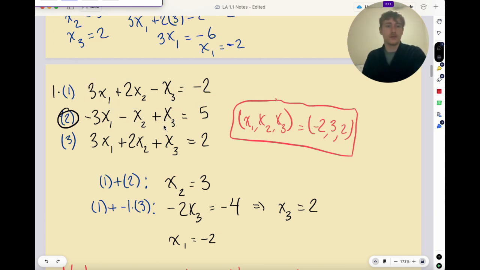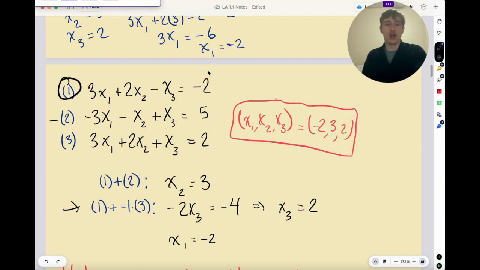Another thing that I did is you can think of me replacing equation 1 with equation 1 added to a scalar multiple, -1 times equation 3. So I can multiply any of these equations by whatever scalar I want and add that to this equation and then replace that with the result.